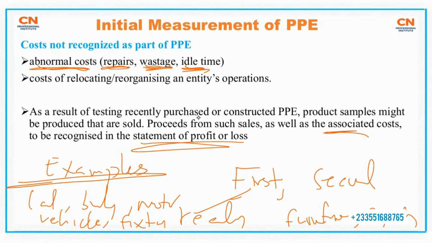But the main issue is on the use. Land can be inventory to somebody, depending on what the entity is into. So these are examples of PPE: land, building, motor vehicle, furniture and fittings, office equipment. You know them, right? So let's end here.